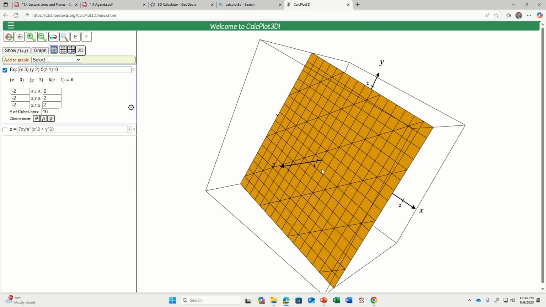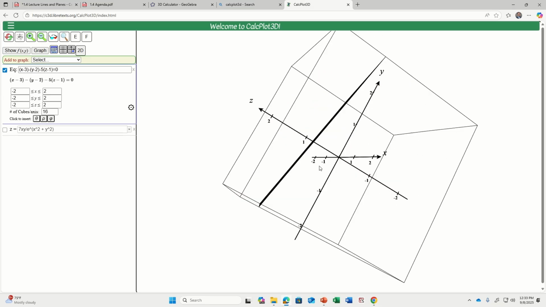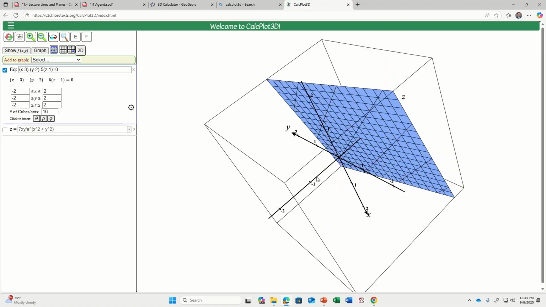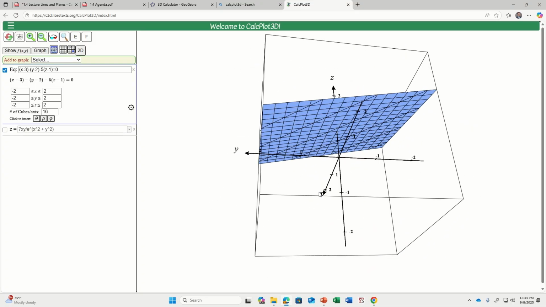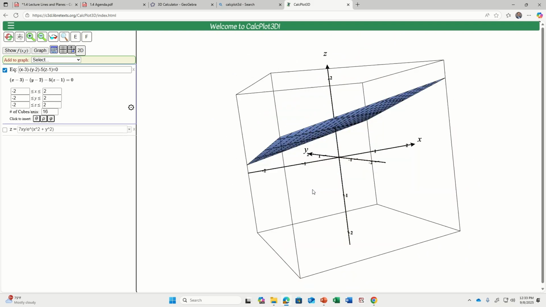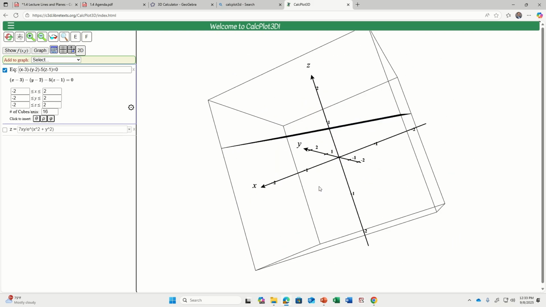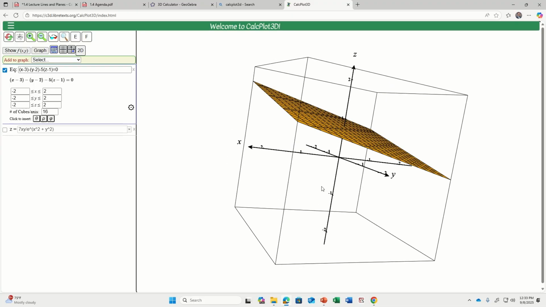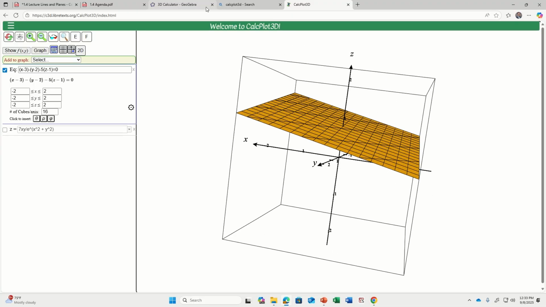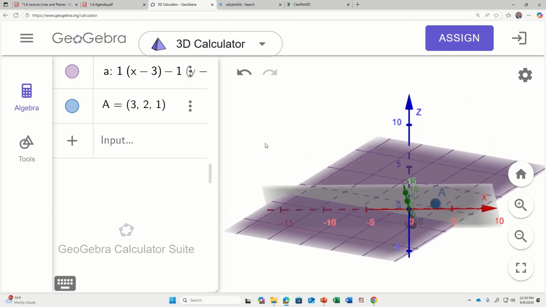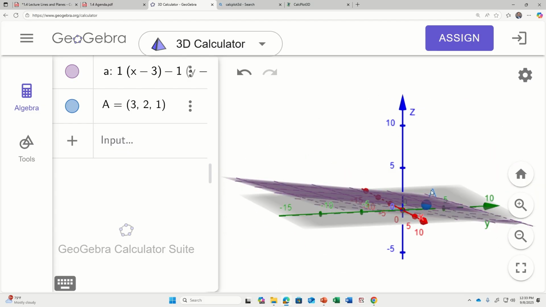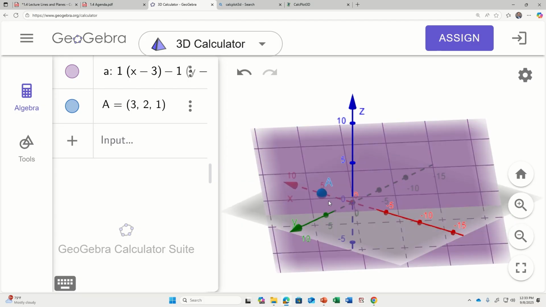Ooh, that's a little bit disorienting. If you try to grab it and move it around, it moves a lot faster. Yeah, that's different. I'm not going to say if it's better or worse than GeoGebra, but I kind of like how the z-axis stays pointing upwards on GeoGebra if I drag this around.